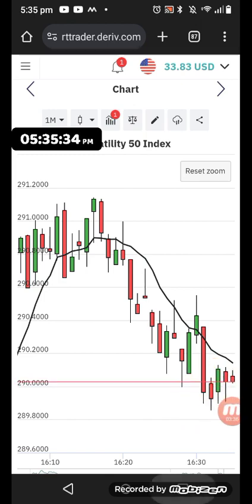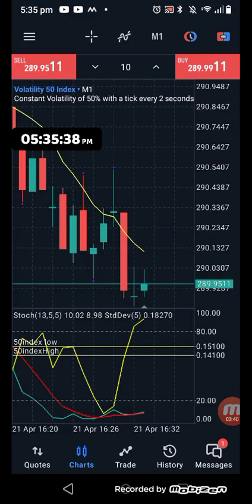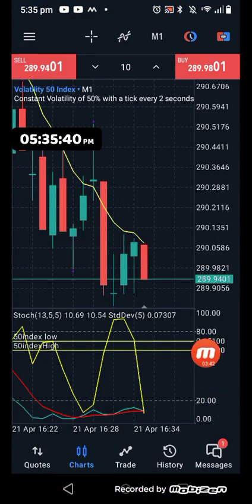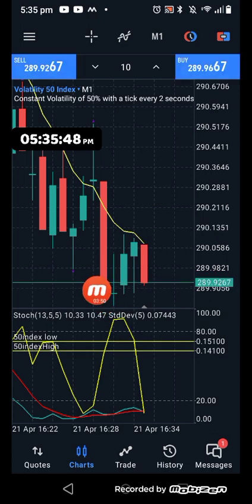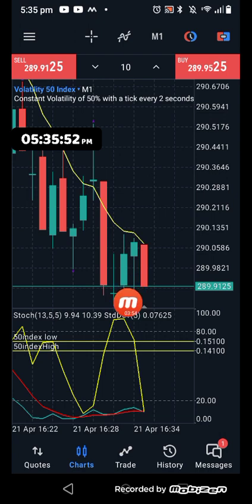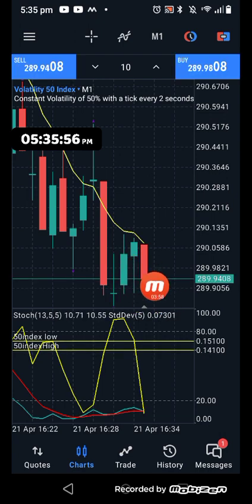Okay, now let's go to MT4. This is MT4. Now, remember we had red, green, red, red. Now, see what we have: green, red, green, green, green. Then this one is now coming to be red.